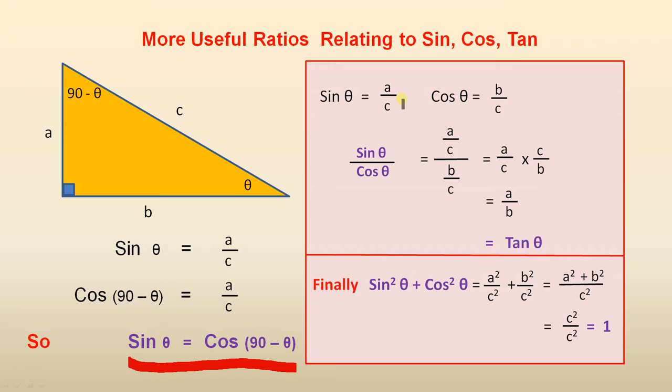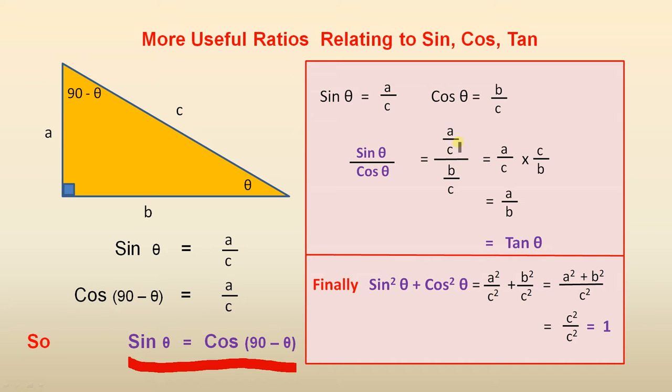Now, let's look at sine theta here. Sine theta is A over C, opposite over hypotenuse. Cos of theta is B over C. Let's see what happens when we have sine theta over cos theta, which is A over C, of course that's sine theta, and here we have B over C, of course that's cos theta.